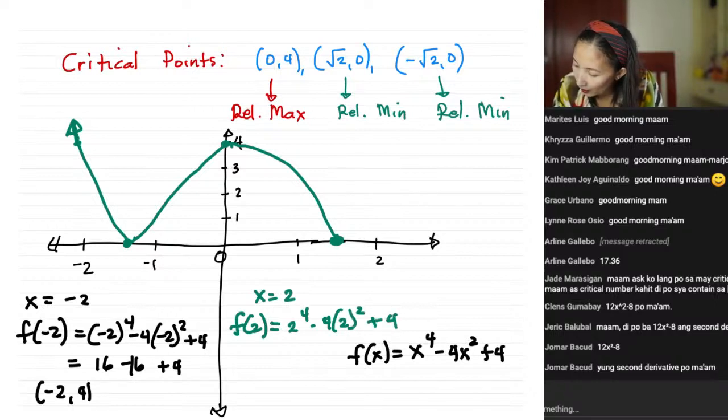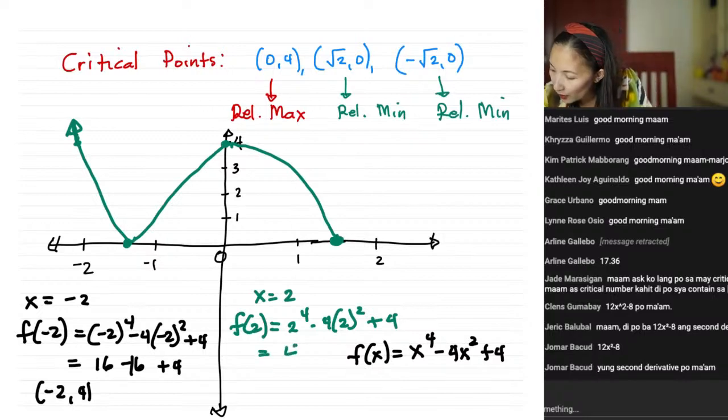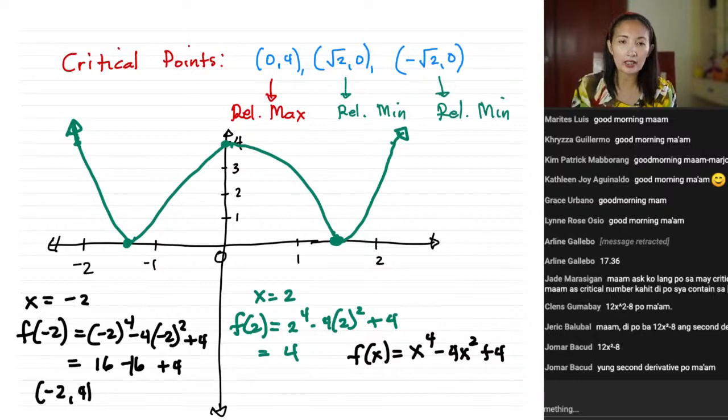And this one will give 16 minus 16, 4 also. So it's also here. So, for sure, the graph would climb up in this manner. So that's the graph. We were able to sketch the graph. So, the graph would look like that.